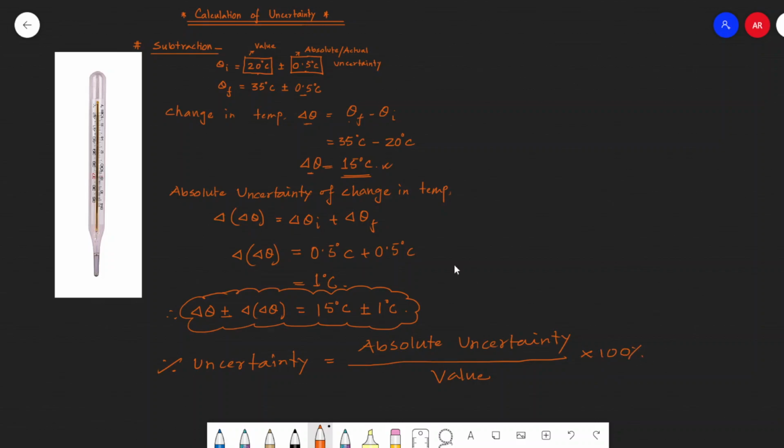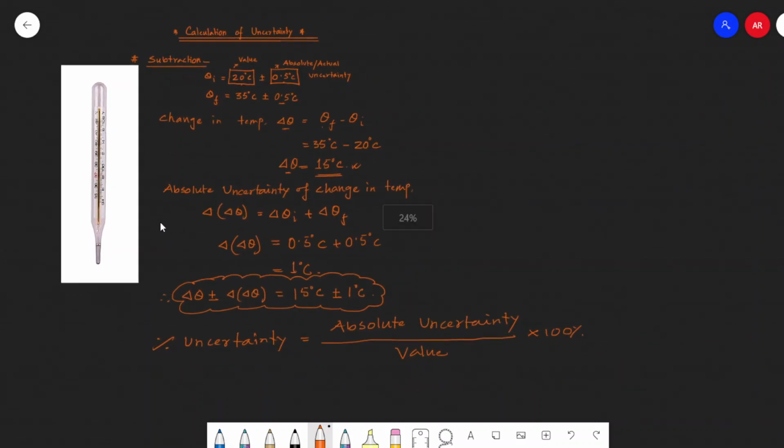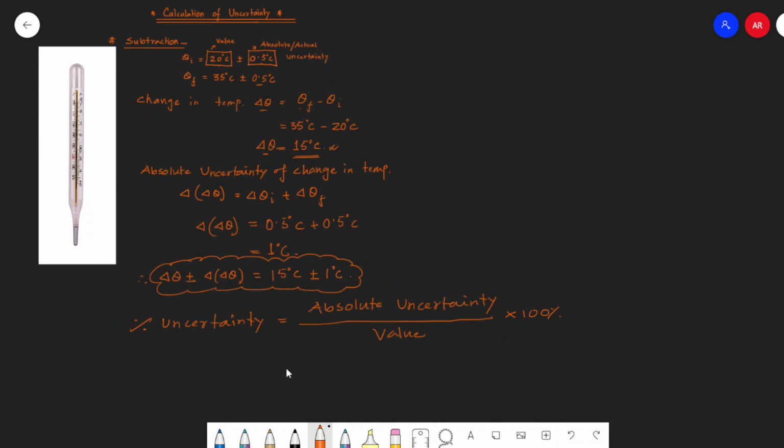So this is how, with this equation, we find out the percentage uncertainty. So right here the absolute uncertainty is 1 degree Celsius, so it is 1, value is 15, 1 over 15 times 100%. So this is going to be its percentage uncertainty, which is 7 point something percent.